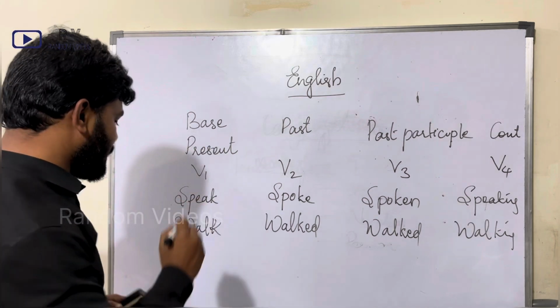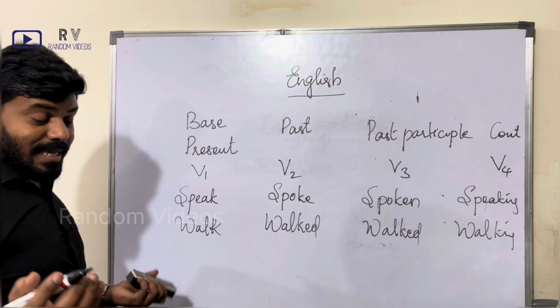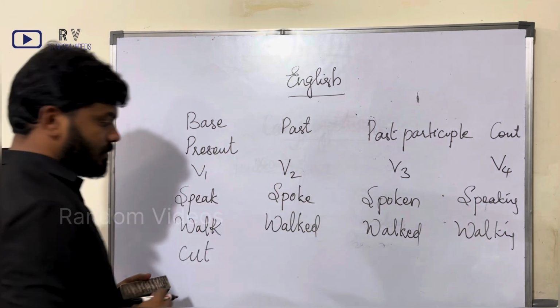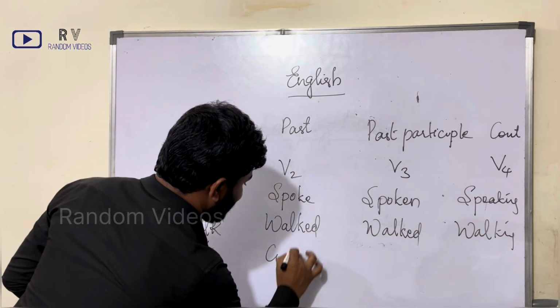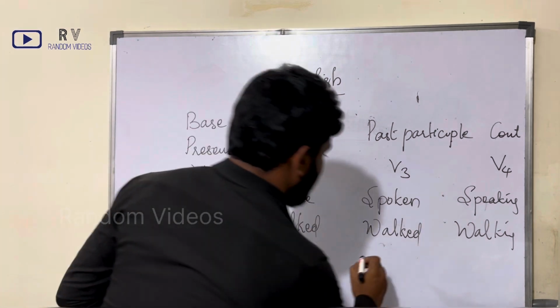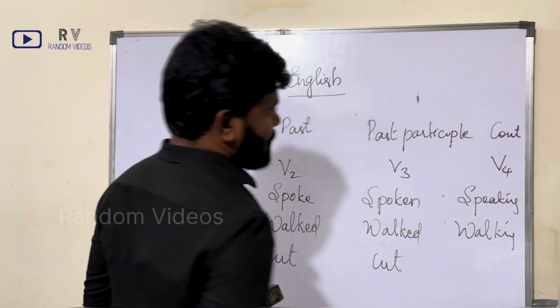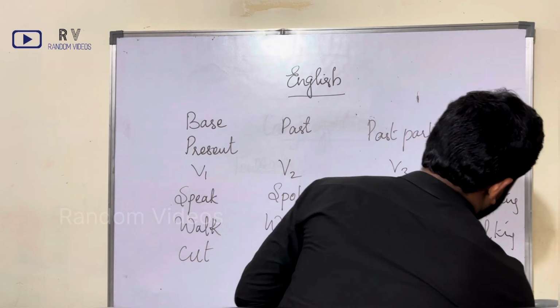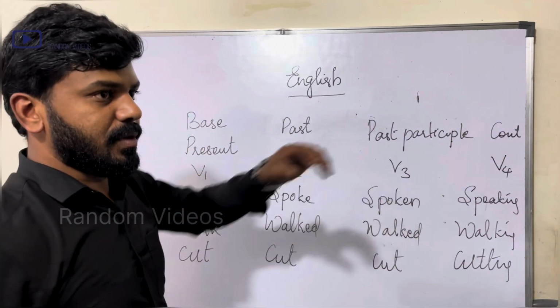Let's take the example of cut. Past form is cut, past participle form is also cut, and of course continuous form is cutting. I hope it is visible for you.